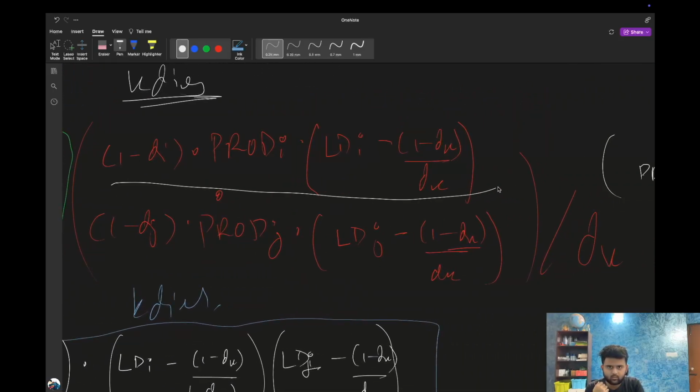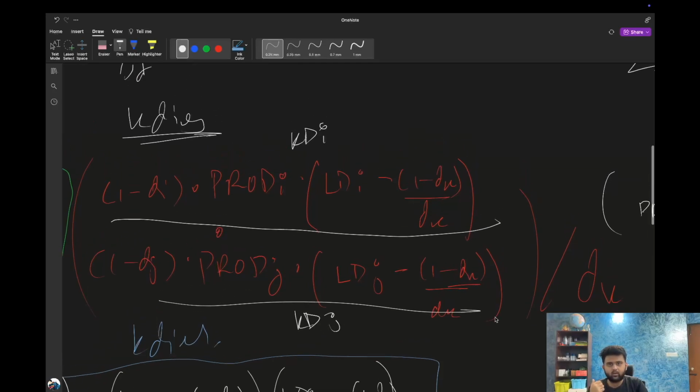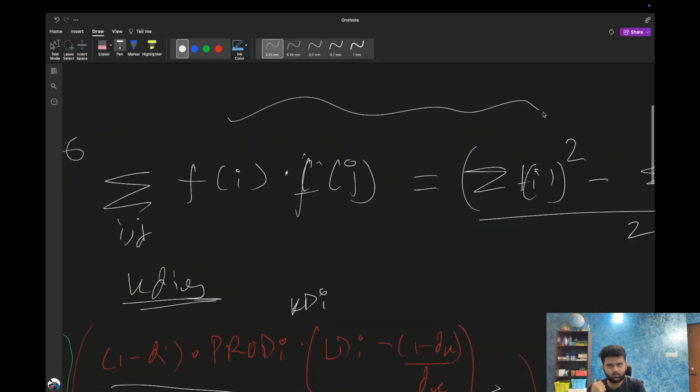So you have this term which, let's say, kdi, kdj, and we know we can apply this formula to it.